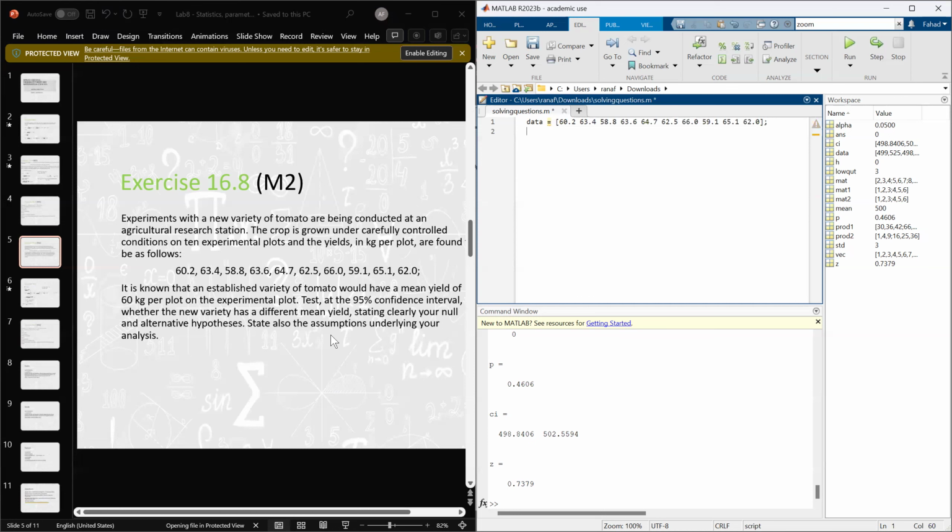Okay, that's the data. Now we have the data from here. It is known that an established variety of tomato would have a mean yield of 60 kg. There we go, we have our mean, 60.